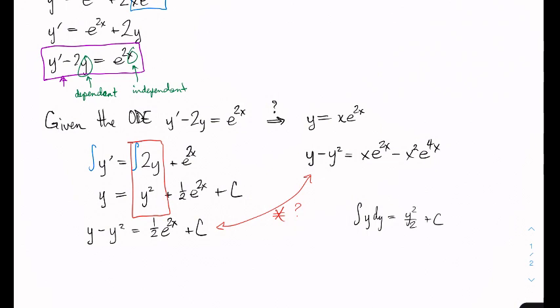But that is not correct, because in fact this is y as a function of x, and so I need to integrate this with respect to dx, and that means we need to be using the chain rule or u substitution for the change of variables. So it's not correct as it's written. We'll come back and see the proper way to do that later. But first we're going to look at some examples of applications of differential equations in different contexts.